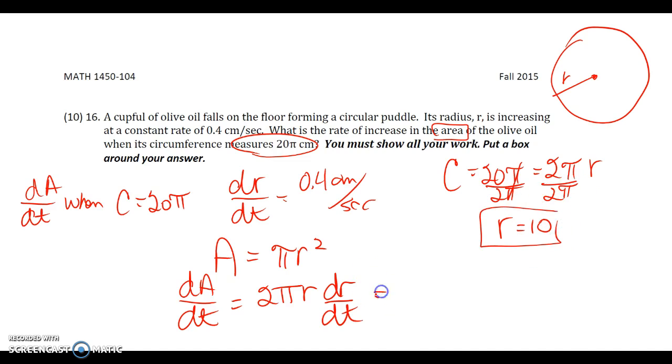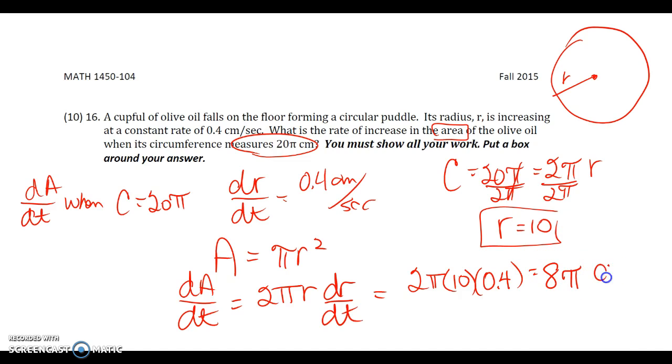All right, so 2 pi r dr/dt, where dr/dt is 0.4 centimeters per second, right? So if I multiply this, I'm going to leave the pi in the answer. So 20 pi times 0.4 is 8 pi.